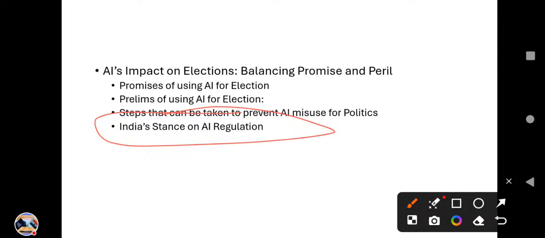And also, India is transitioning from a no regulation stance on AI to actively formulating regulations. Okay, and you can also write about the G20 and OECD countries, where India's penetration factor in AI is about the highest.